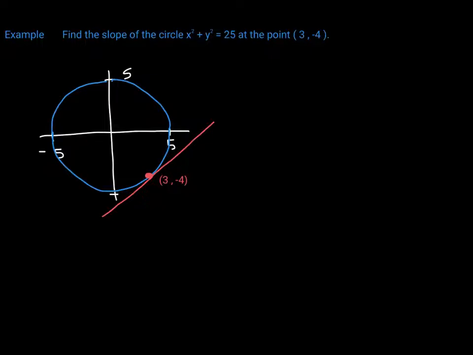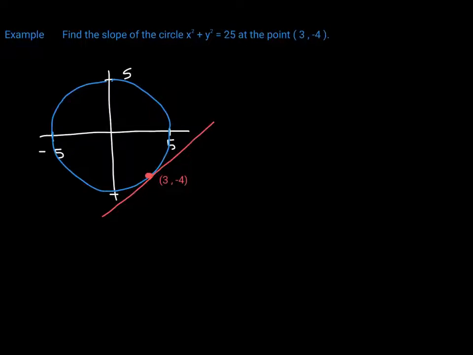All right, so this is the graphical representation of what we are doing. We are finding the slope of the line tangent to this circle at the point (3, -4). Now, before I use implicit differentiation, allow me to solve for y first.